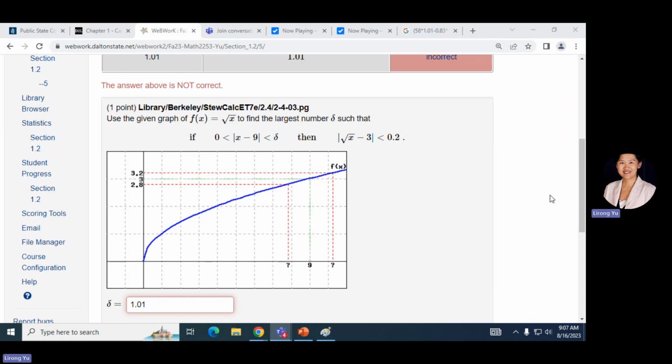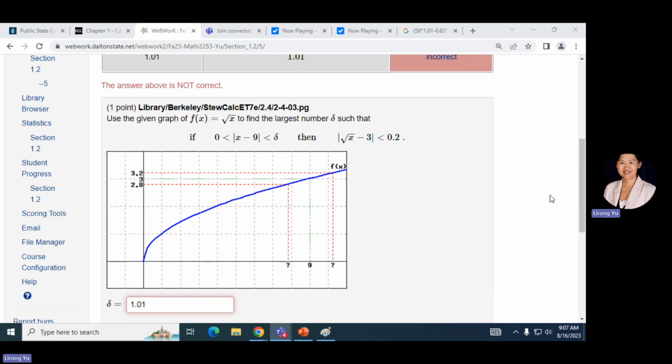So this is 3.2, and this is going to be 2.8. That's exactly what's showing in the picture, so far we're on track. Now we're going to get x by itself. So x is less than 3.2 squared and bigger than 2.8 squared. We have to remember where we're going: we're trying to go for x minus 9.